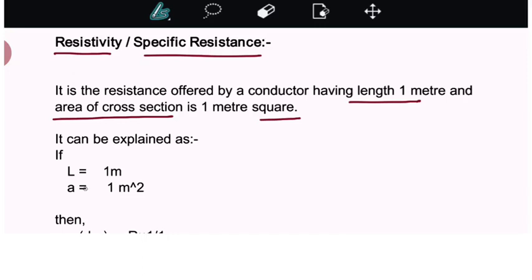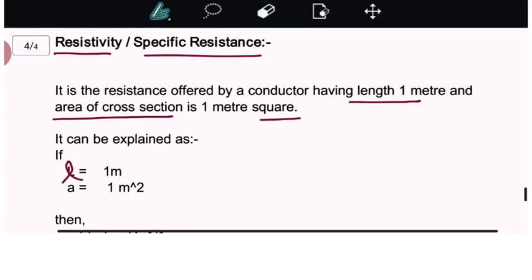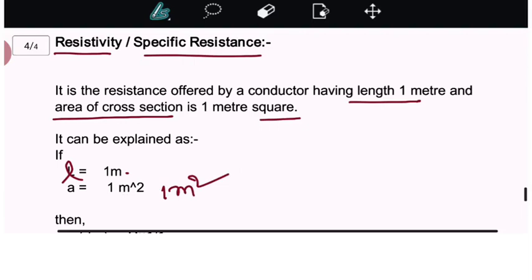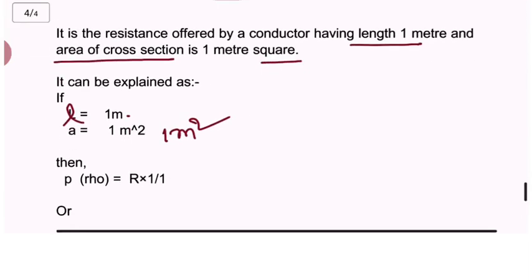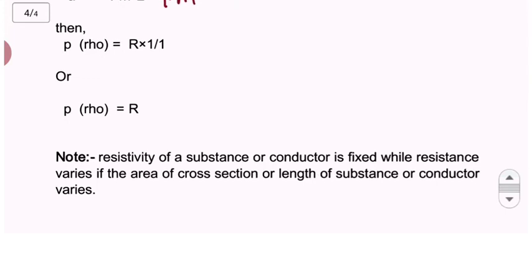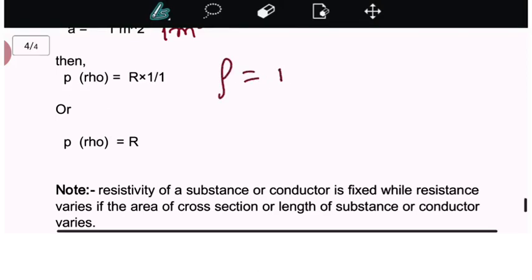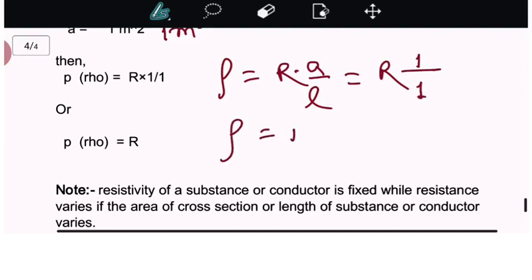Because let L is equal to 1 meter and A is equal to 1 meter square. Then what happens? Rho is equal to R into A by L, where R means resistance, A is 1 meter square and L is 1 meter. So rho is equal to R.